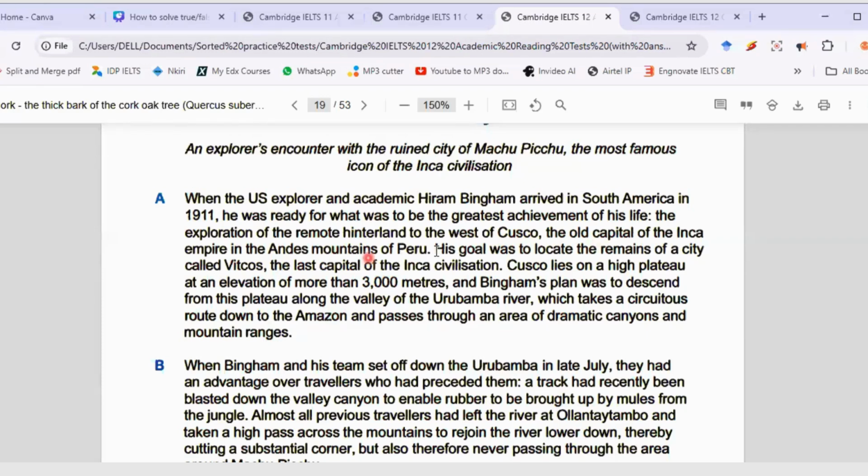His goal, now pay attention everybody, was to locate the remains of a city called Vitcos, the last capital of the Inca civilization. Can you see that? That was his goal.